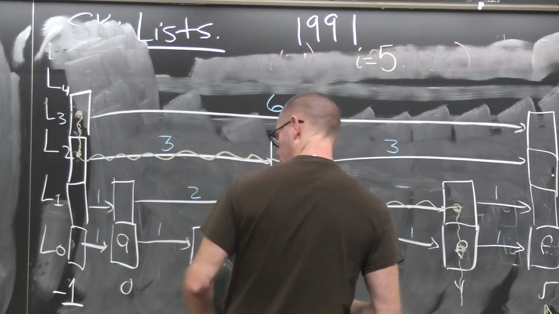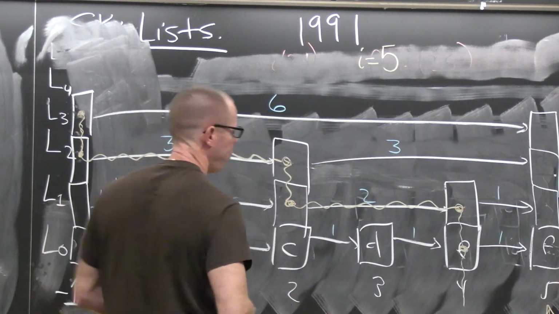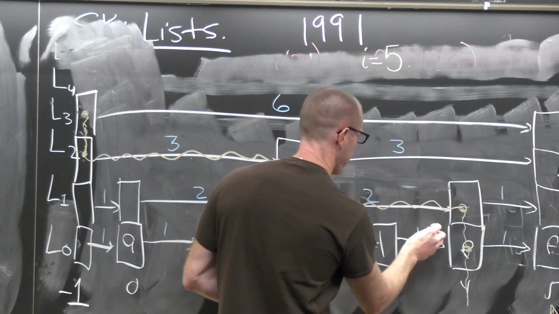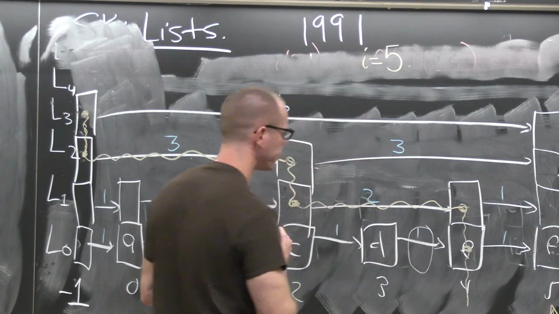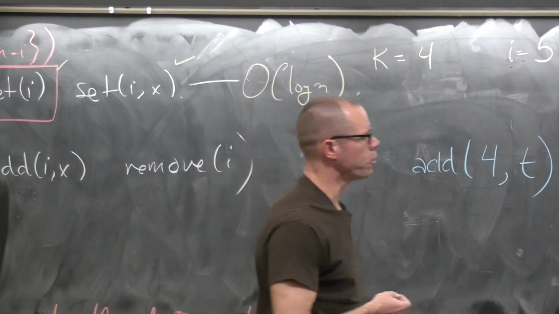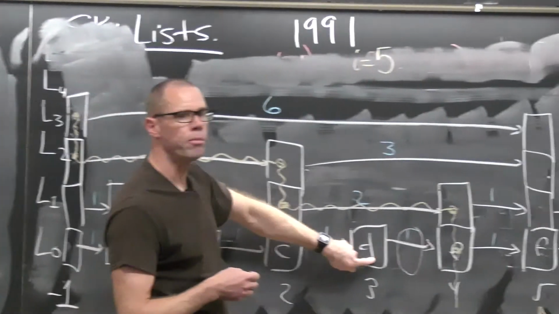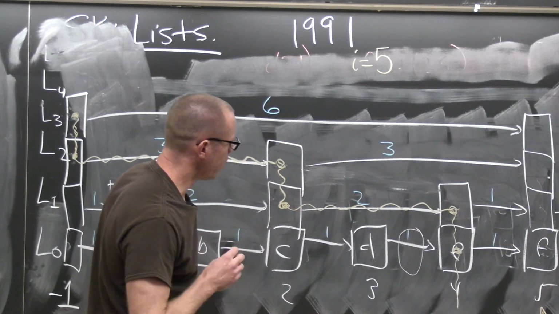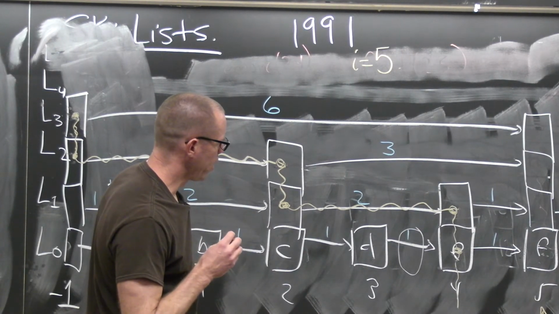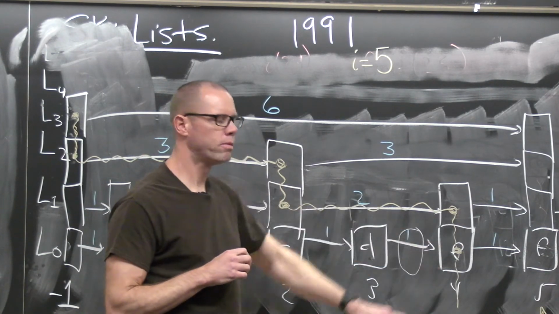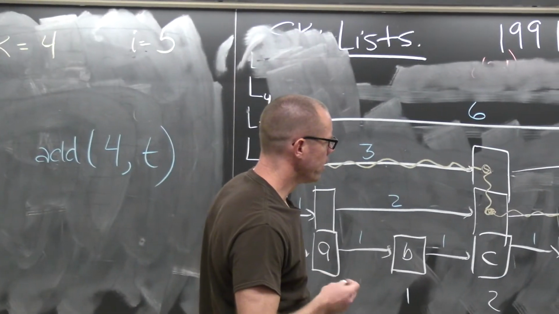It goes between the 3 and the 4, right? 4 comes right after 3, so the new thing that I'm going to add is going to be here. So I can follow the search path for 4. That will take me to this thing. And that's what I want, right? Because I want to splice this thing into this list here. That's exactly where I want to be.